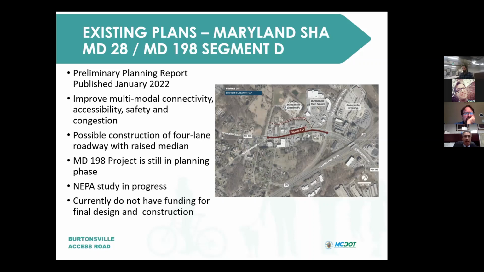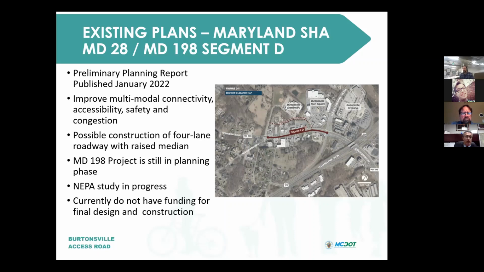The segment that includes Burtonsville is now called Segment D. SHA completed the preliminary planning for Segment D, which is from Old Columbia Pike to US 29A, earlier this year. They are now moving forward with the next step, which is the NEPA study, the environmental study. And they want to get the environmental approvals for that project.